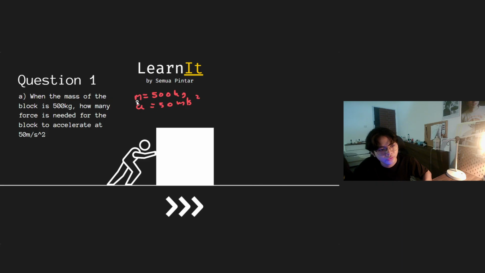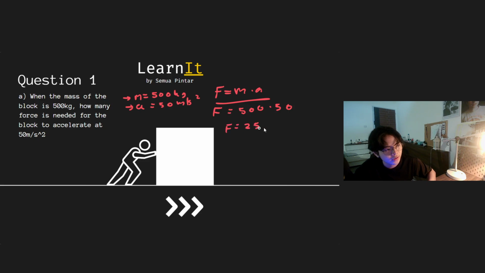Because we see m and we see a, this reminds us of the great equation: force equals mass times a. So you can just plug it in the formula. Force equals 500 times 50. So the force equals 35,000 newtons. Don't forget the unit. Okay, let's go on.